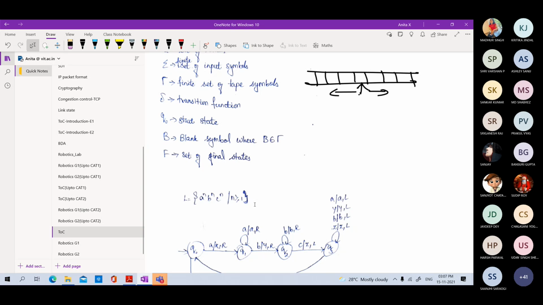All of you, please do try writing the context-free grammar for this. First, try to write for A power n, B power n. Then proceed with A power n, B power n, C power n.